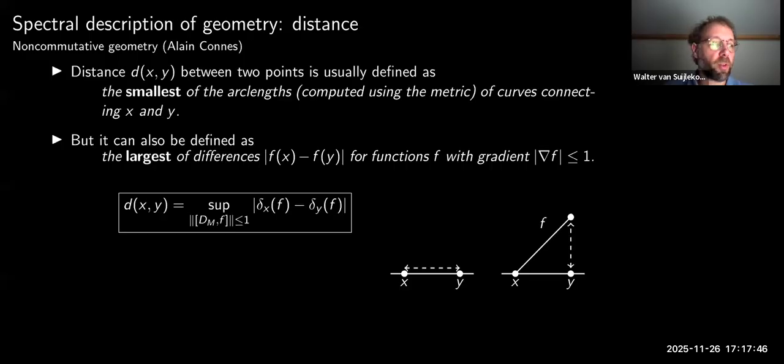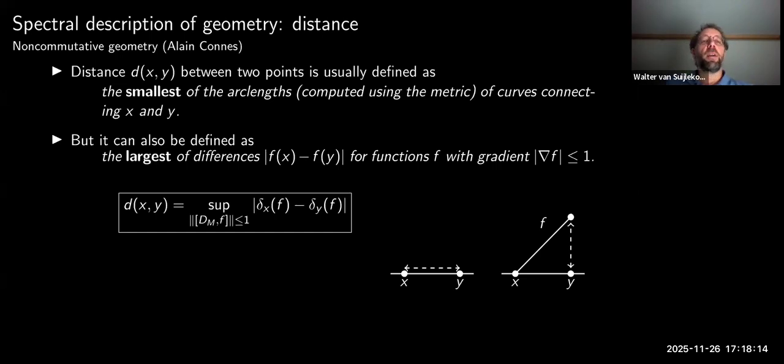But one could actually work with Riemannian manifolds in this context, where you take a Dirac operator that is a first order differential operator, but it captures the derivatives in all directions at the same time. So if you look at the norm of this commutator that I depicted here, you'll find that it's actually the gradient of the function f. So it measures the derivatives in all directions at the same time.